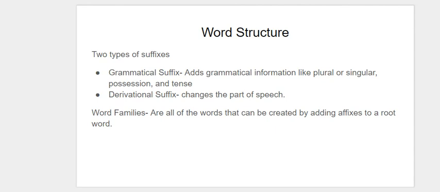So, for example, the word dog is a singular word. You really don't need to add anything to the word dog to make it singular because dog itself is already singular. But if you wanted to make the word dog plural, you would add an S, and the S is a grammatical suffix.